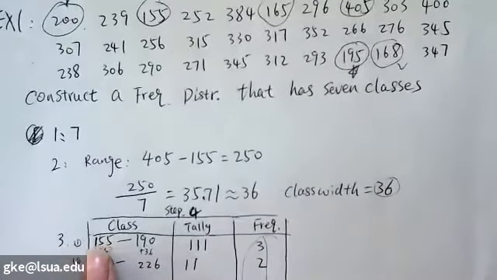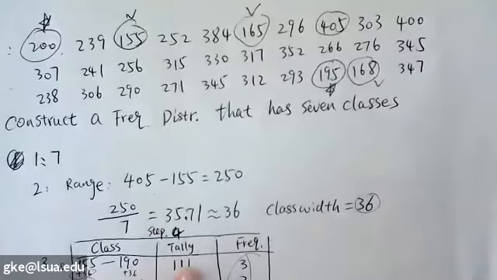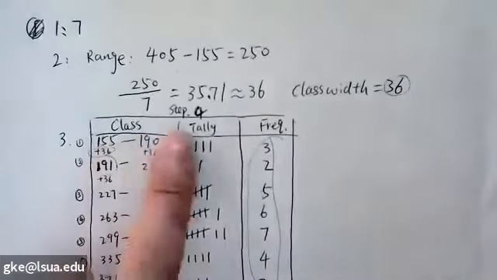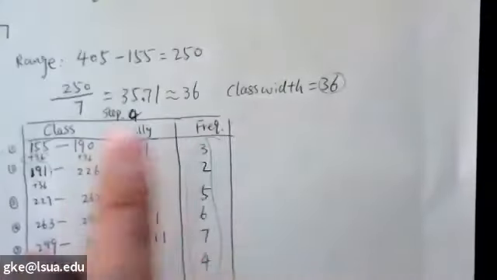For example, in this class, between 155 and 190, we have 3 numbers. So you tally 3, right? And of course, you can do all the same things for this column, and the frequency, just count it.